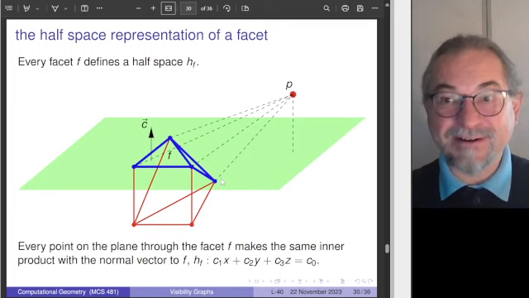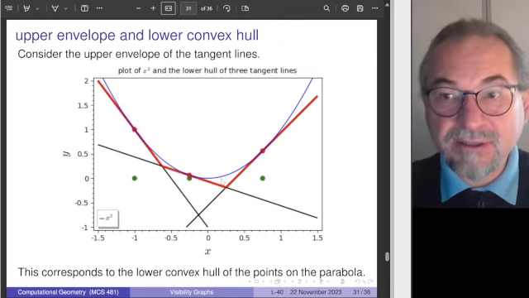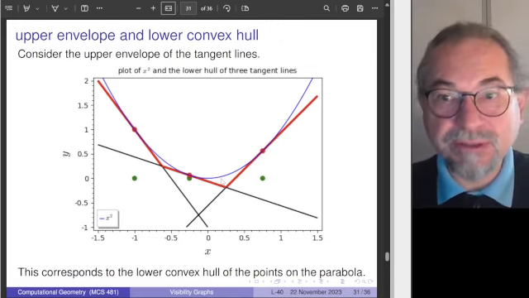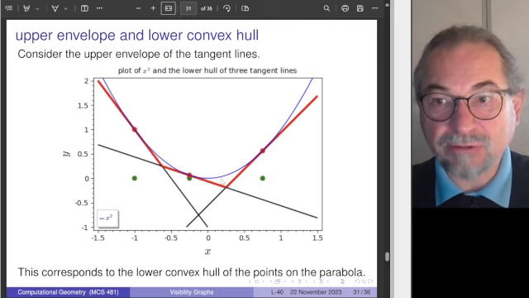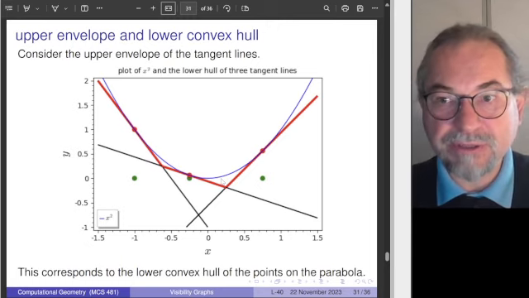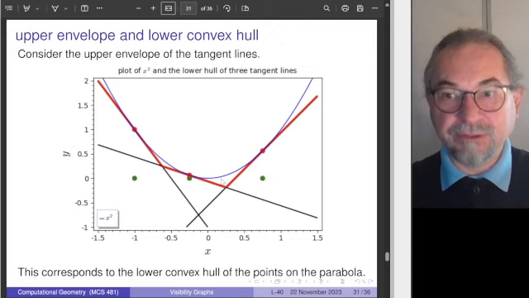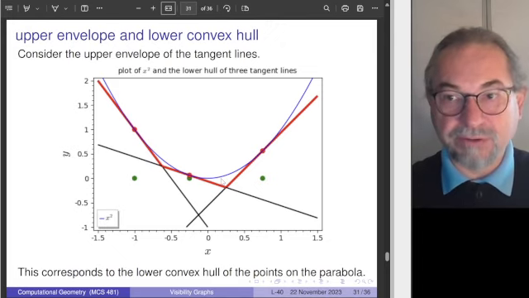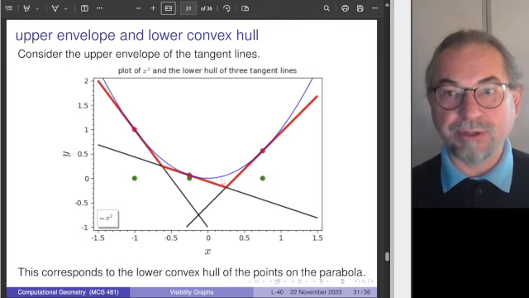Visibility, again, connects to what we have covered today. Then in the third lecture, we made the important connection between three-dimensional convex hulls and Voronoi diagrams. And we already knew that the dual of the Voronoi diagram defines the Delaunay graph, which can be used to compute the Delaunay triangulation.